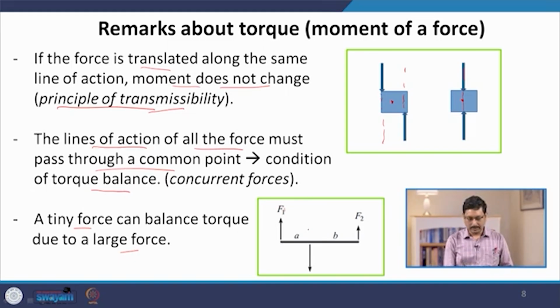For example, in this picture, this is my pivot point and we are applying two forces. If I calculate the torque, we can see that the magnitudes of F1 and F2 need not be the same, and in fact, by adjusting the values of A and B, we can have any amount of force. Even a tiny force can balance the torque due to a large force.